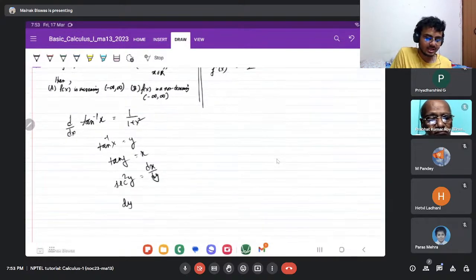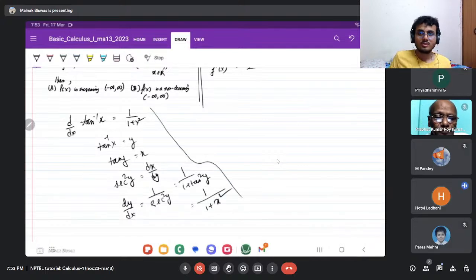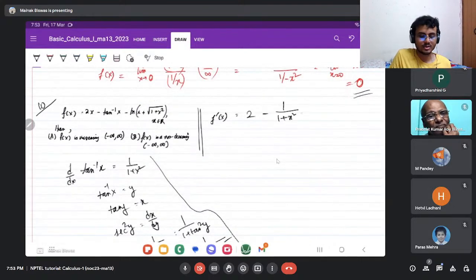So dy dx is 1 by sec square y, which is 1 by 1 plus tan square y. Correct? Yes, sir. So we derived that. So 1 by 1 plus x square.